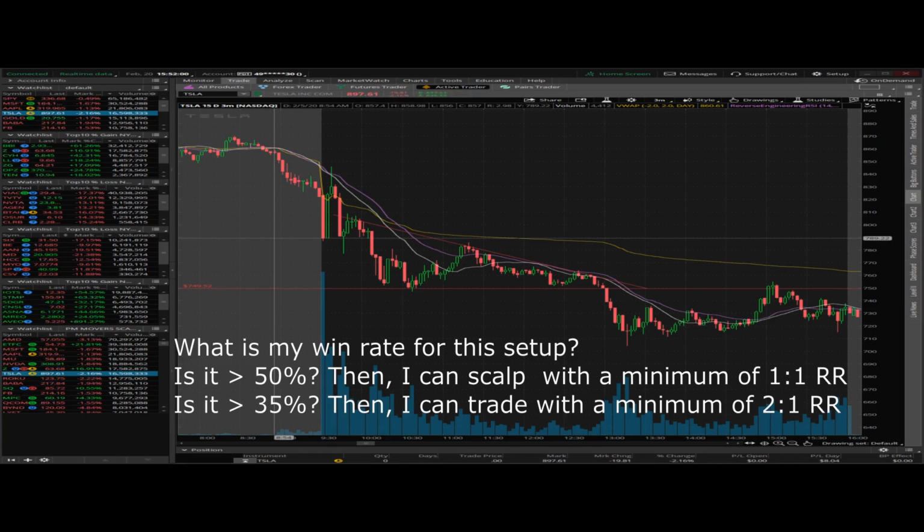Well, then you know if you're making 1-to-1 that you're still making profit with any kind of win rate over 50%. If you're doing a 2-to-1, you're making profit with any win rate over, I think it's 30% or something. Yeah, 35%. So know your risk to reward, do the math, and make sure that you're putting yourself in a good position to profit every time you enter.